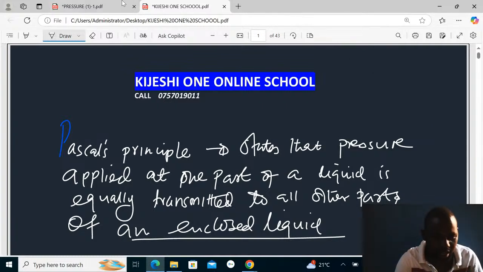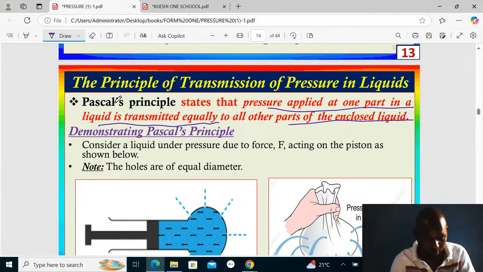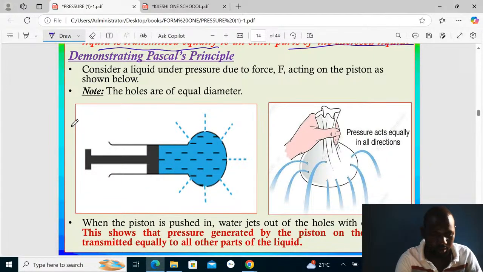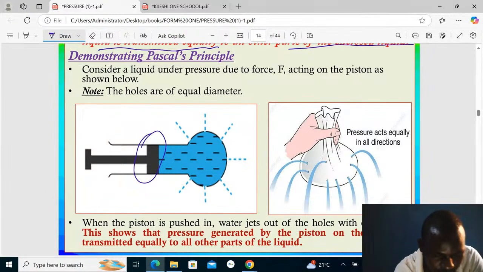We can have a look at these diagrams here, where we are trying to demonstrate the Pascal's principle. If you look at the first diagram, it is designed like a round bottom flask, but on the neck we have a piston. And then we have some holes.